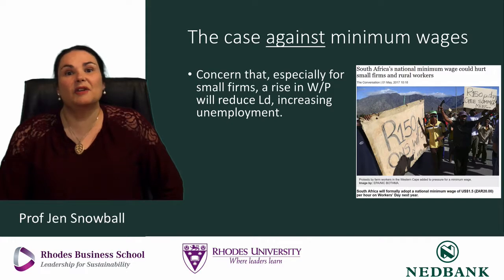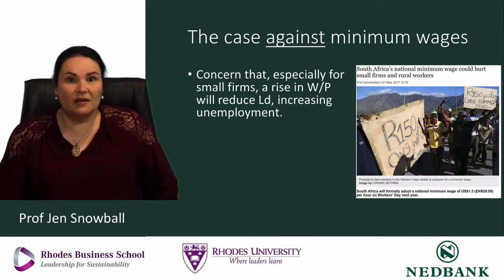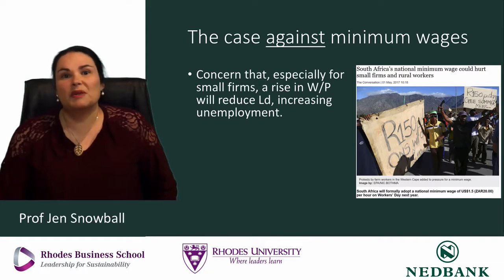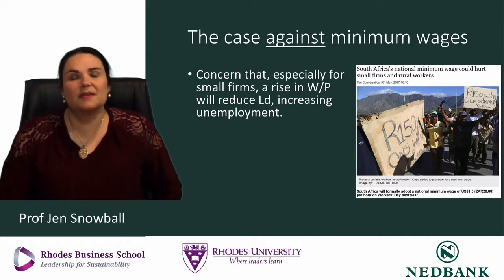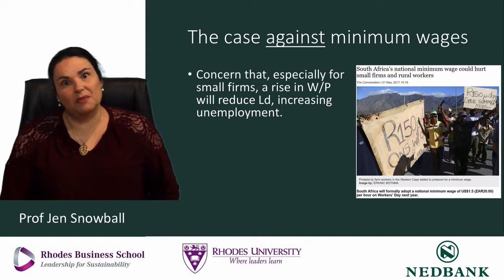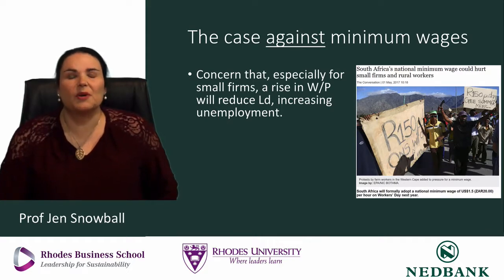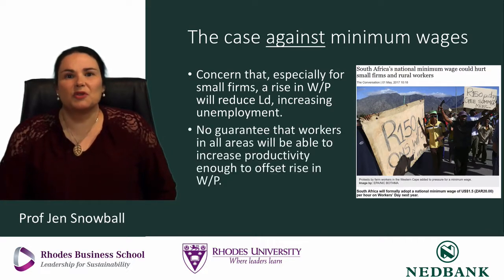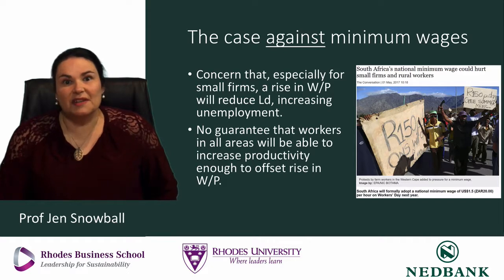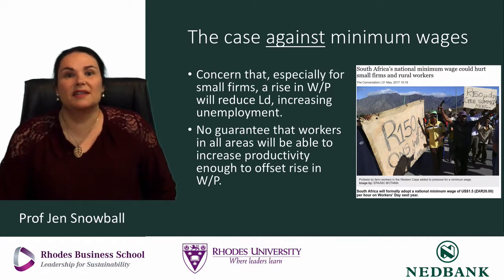They may not fire people straight away, but they may not re-employ contract workers, or when people retire, they may not replace them, or they may reduce the number of days or hours that they employ people for. And this, of course, would not be a good thing as far as the labour market goes, because it would increase unemployment, and South Africa already has a very high unemployment rate.